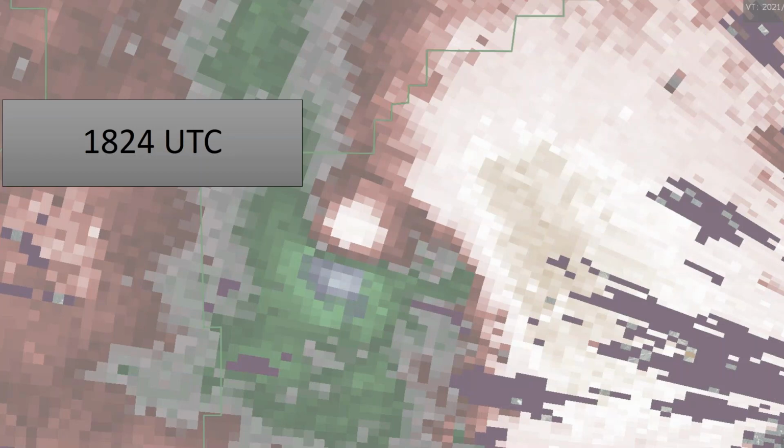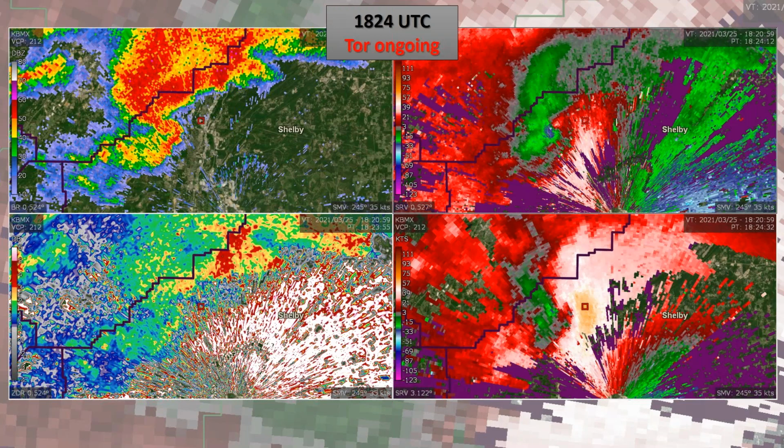So we'll jump ahead to 1824 now. Tornado is ongoing, and again the four-panel is the same, with reflectivity in the upper left and half-degree storm relative velocity in the upper right. In the bottom right this time, since we're a little closer to the radar, I've gone up to 3.1 degrees on the storm relative velocity, and then still half-degree ZDR in the bottom left.